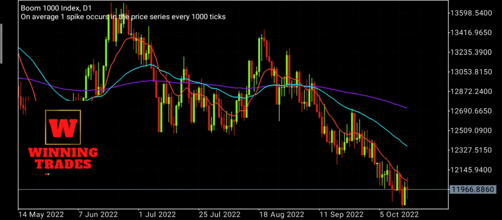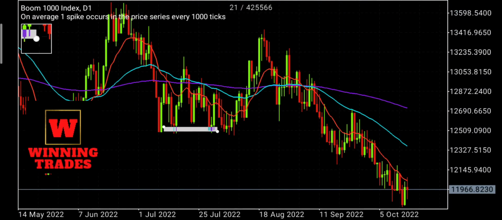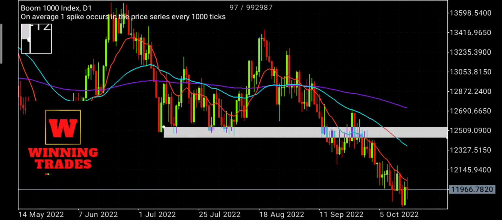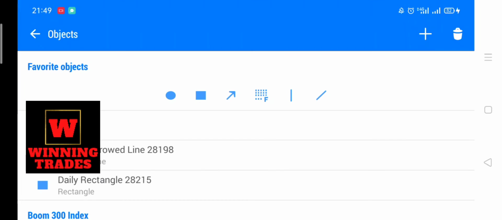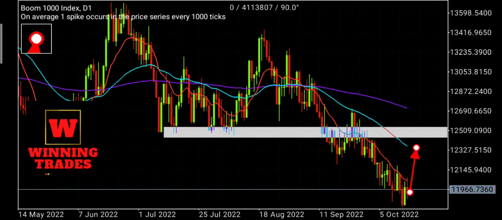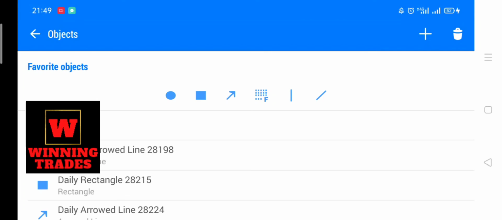Probably you can see this level here. See that Boom 500 price may get back here before we now see a major sell to the next. See this sell.